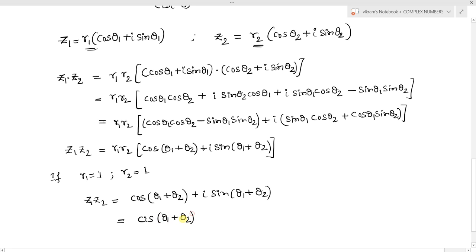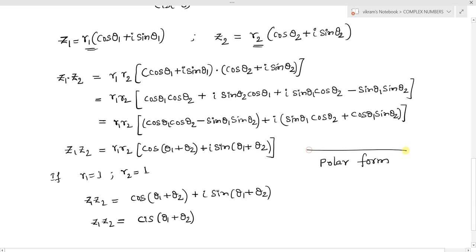Cis theta is cos theta plus i sin theta, and cis of theta 1 plus theta 2 is cos of theta 1 plus theta 2 plus i sin of theta 1 plus theta 2, which is the multiplication of z1 and z2, two complex numbers in the modulus amplitude form. The modulus amplitude form is also called the polar form.